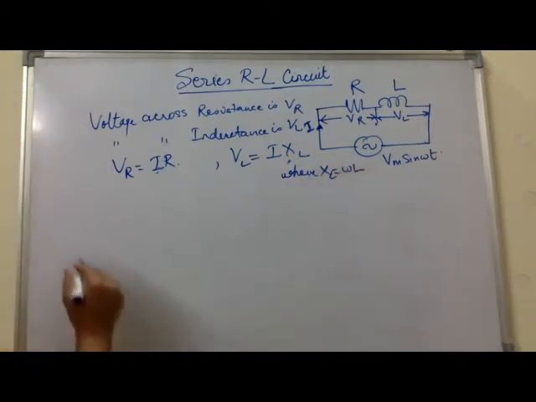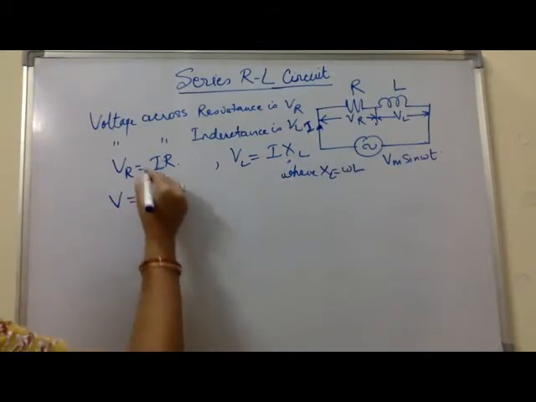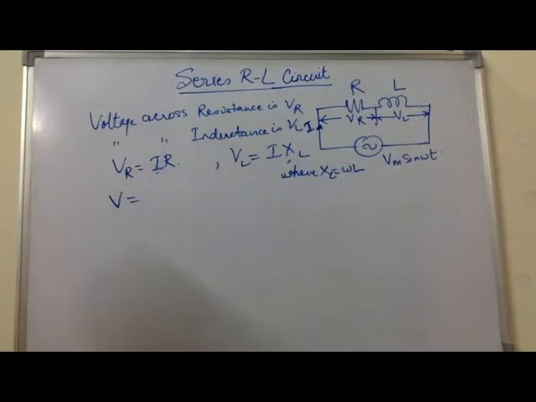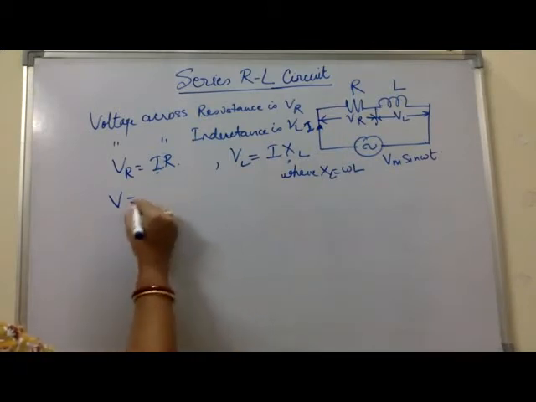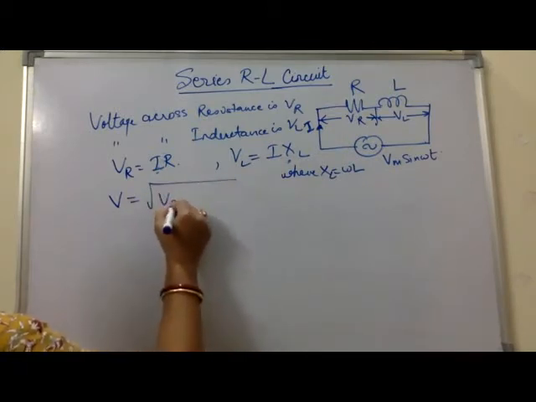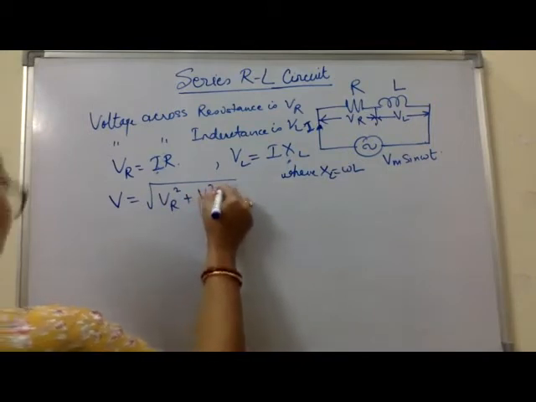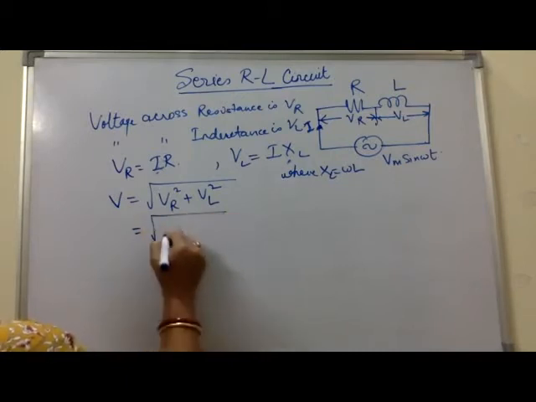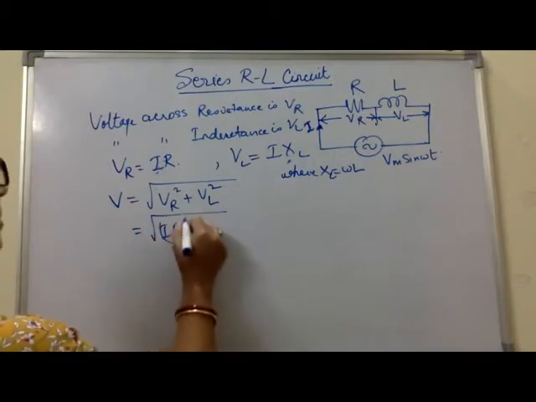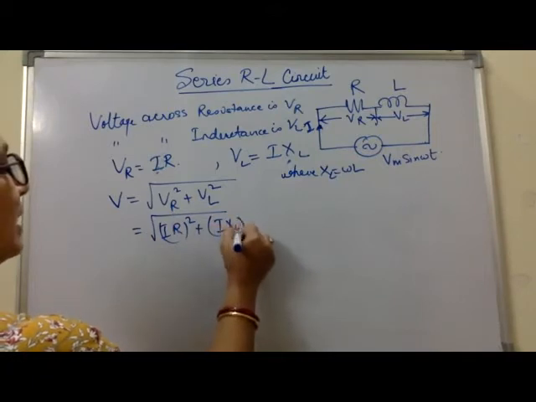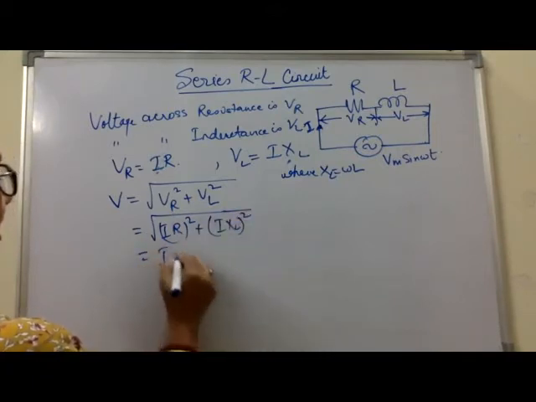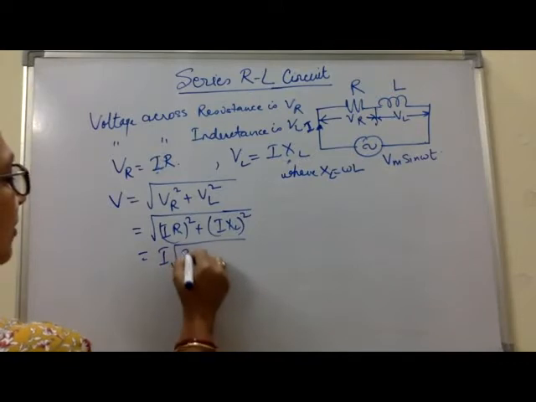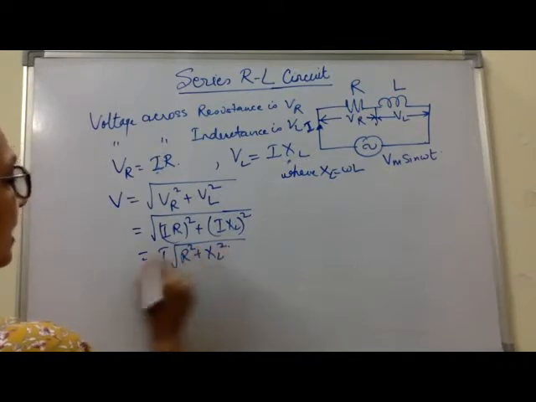So XL is equal to omega L. Now applied voltage V is the phasor sum of the voltage across the resistance and the voltage across the inductance. That means V will be equal to under root of VR square plus VL square, that is equal to IR whole square plus IXL whole square, which will be given as I under root of R square plus XL square.